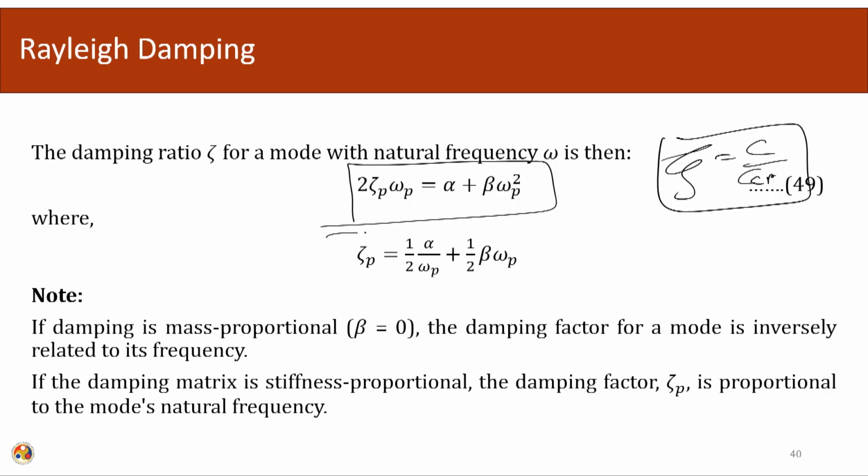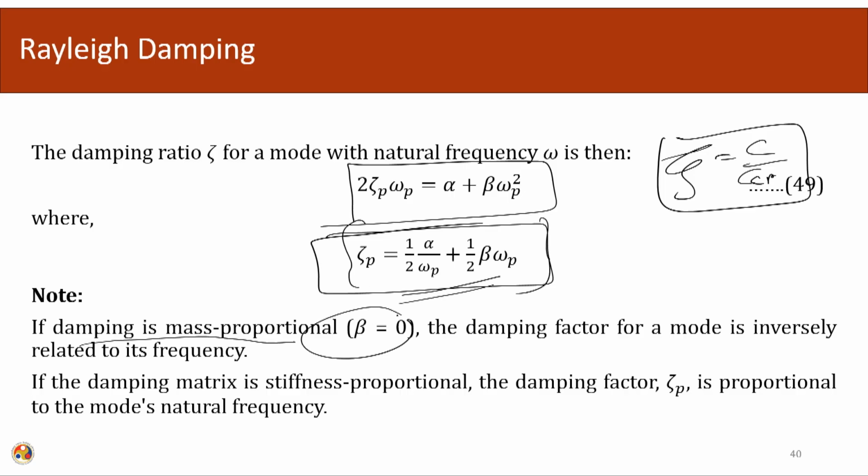If we look into this particular term, if damping is mass proportional, then beta equals 0, so only this term will remain, and this will give a mass proportional damping. If the damping matrix is stiffness proportional, then alpha will be equal to 0, and only this term is going to remain. In this case the damping factor is proportional to the natural frequency.